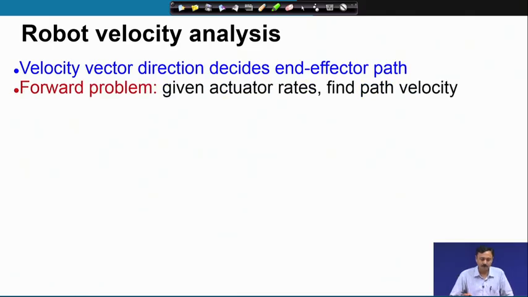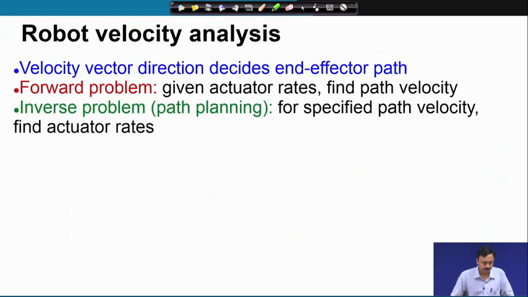Here we have the forward problem, in which we are given the actuator rates, which may be angular rates or the expansion rate of a prismatic actuator, and we have to find the path velocity, that means the velocity at every point on the path, which of course will be tangent to the path.